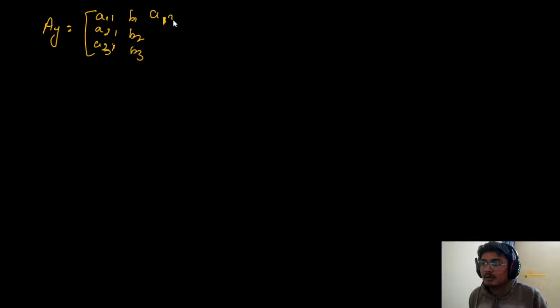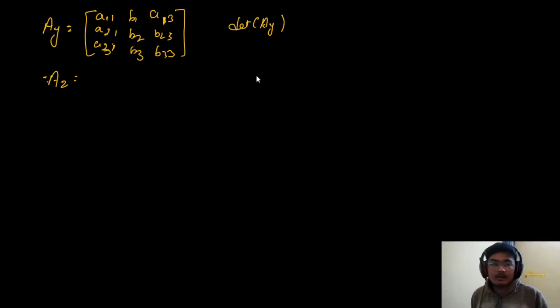And then we will also find the determinant of this matrix. In the same way, we will form an AZ matrix, and also find the determinant of this AZ matrix.